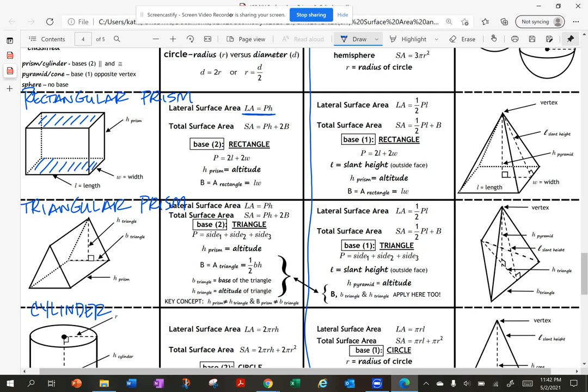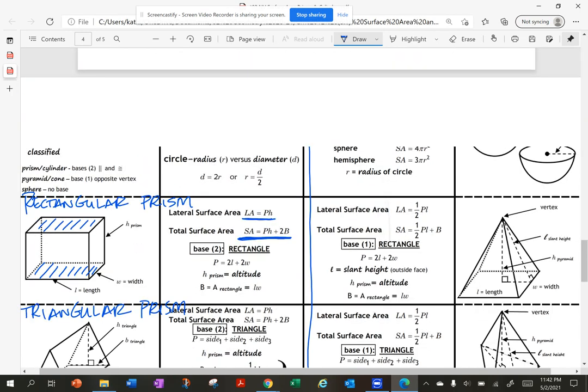The height is from base to base. I need to find the perimeter, which is the distance around the base, times the height. The total surface area is P times H, perimeter times the height, plus 2B, where B is the area of the base, and I have a rectangle, so the area of a rectangle. These are the two formulas I'm going to use.